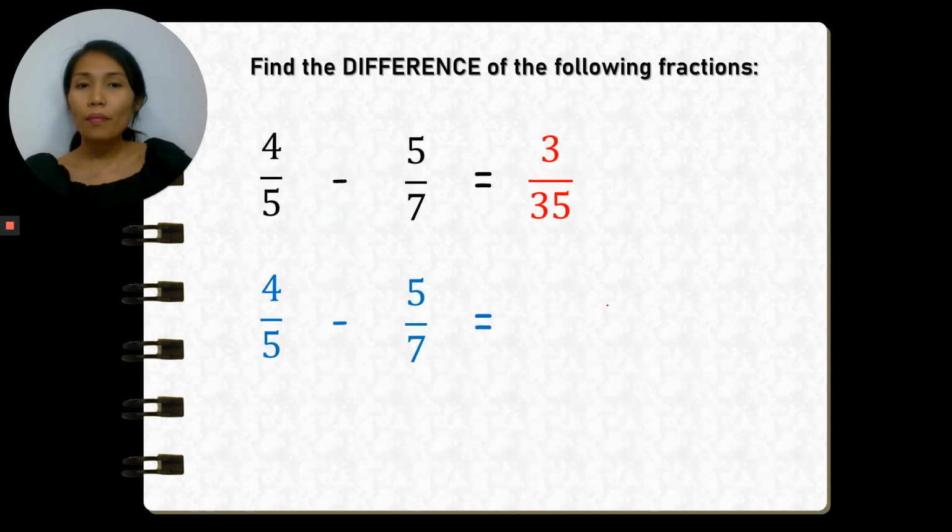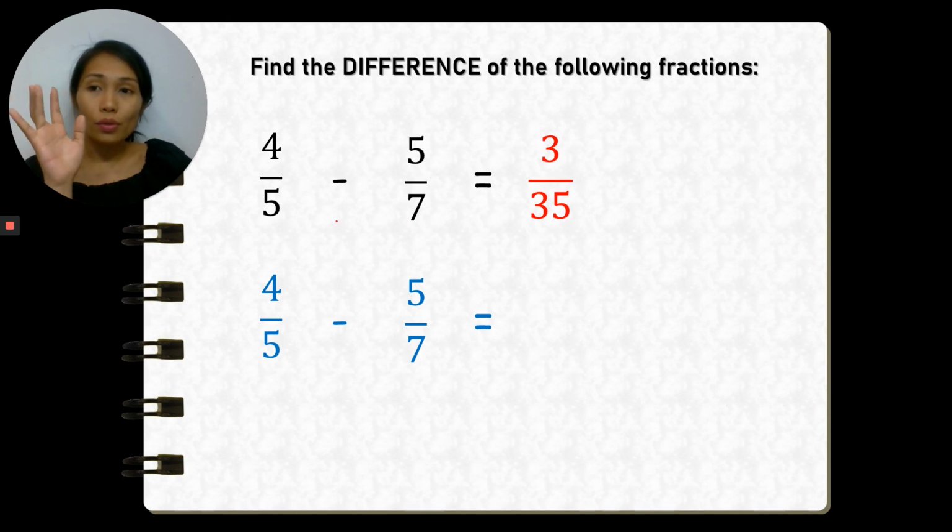Now let's try that with the third method. We cannot use the second method because 5 is not a factor of 7. Let's try the third method that I told you, the cross multiplication, the easiest method. Let's see, 5 times 7 equals 35.